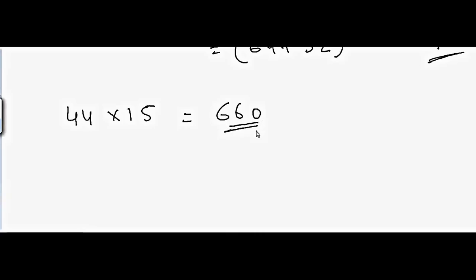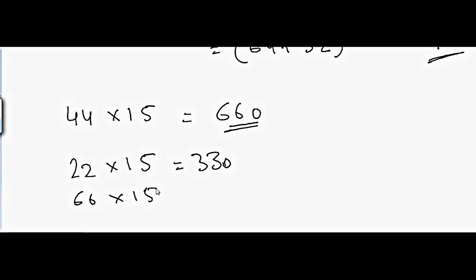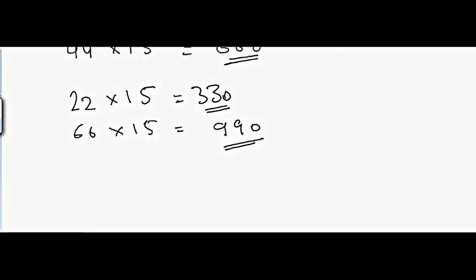Suppose I want to multiply 22 by 15, that will be equal to 330. And if you want to multiply 66 by 15, that will be equal to 990. So as you can see, I'm using simple numbers, but you can always go to complicated numbers and do the same kind of calculations.